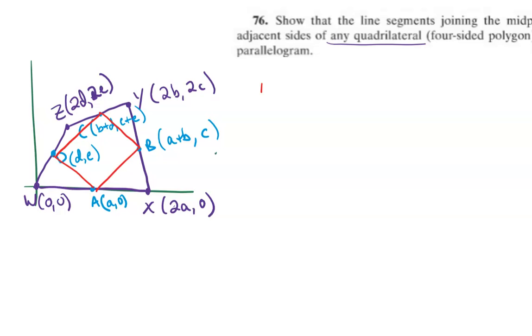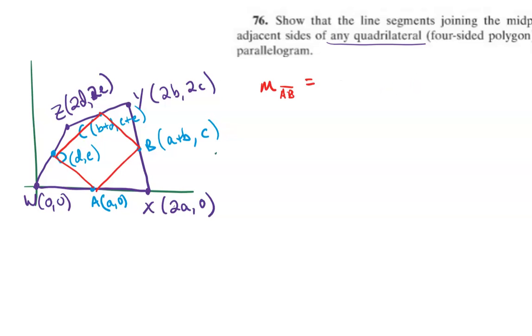Okay, so we find the slope of the sides. So the slope of AB goes from here to here. So A plus B minus A is B. C minus 0 is C. And the slope of the opposite side, CD, oh, back up.